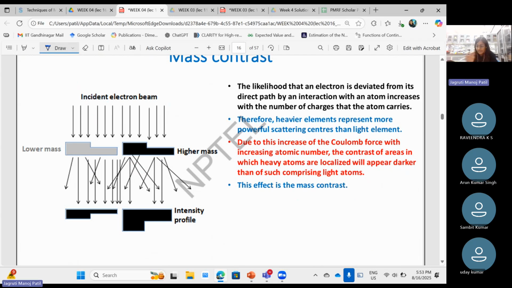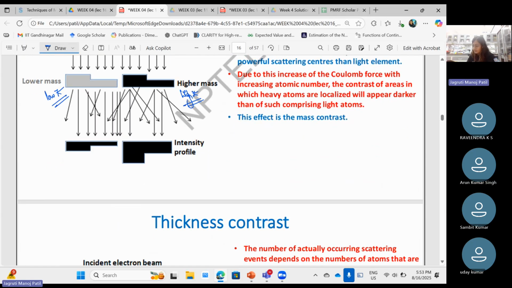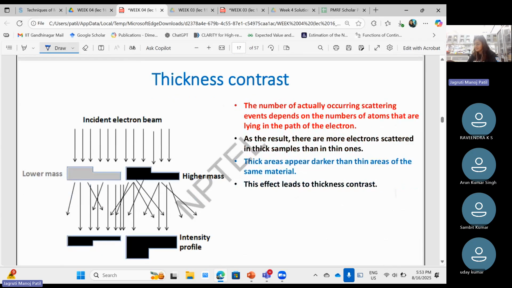Lighter. Yeah, exactly. So lower atomic number samples will appear lighter, whereas the higher ones will appear darker. Only because of what? Scattering centers are less in lower atomic number material. Exactly. So good that you all understand these things.